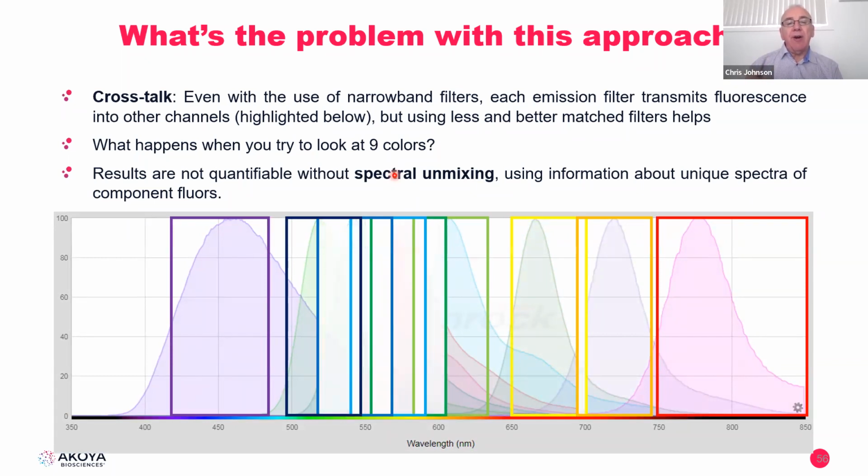But if we know the characteristics of those dyes that are closely matched, we can spectrally unmix them. We can do this through software to some extent, but we also need hardware, that is an imaging spectrometer, to be able to separate out the fluorescent signal.